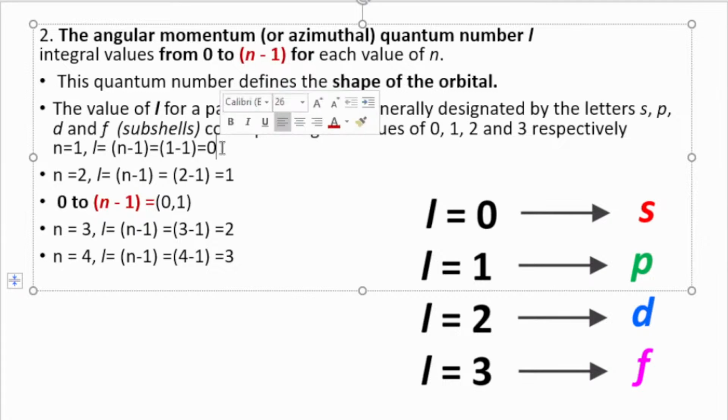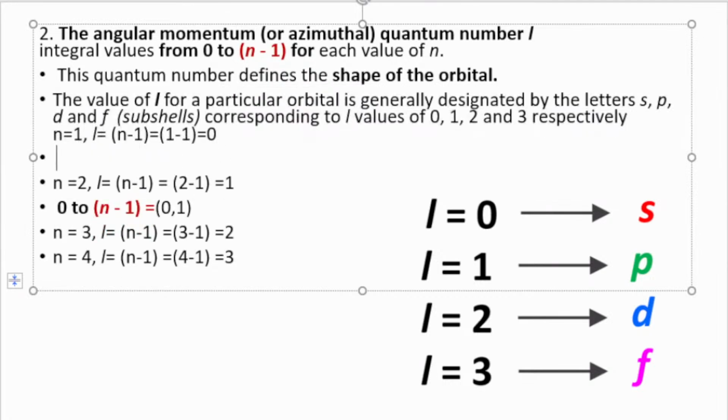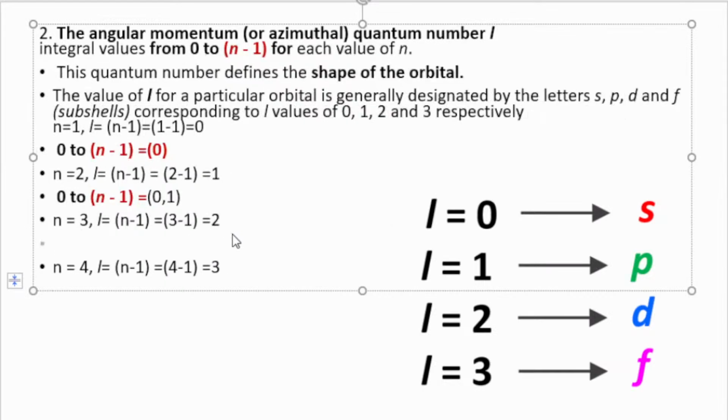Okay, here n minus 1 case also 0 to n minus 1, but we can only get 0. This one. Then for the second one, we need to take 0 to n minus 1.